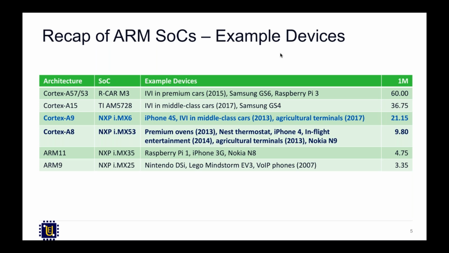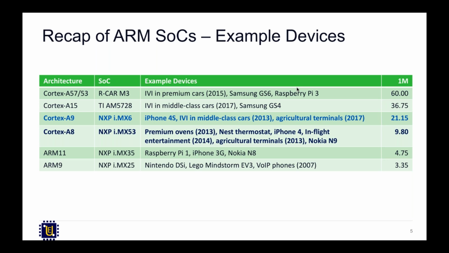That has been demonstrated many, many times. And finally, an ARM9, well, that's a pretty old SOC, but you could build VoIP phones with that, or the Nintendo DSi is built with it, and it's pretty cheap at 3.50 euros. So it's the two in the middle that we will be looking at.